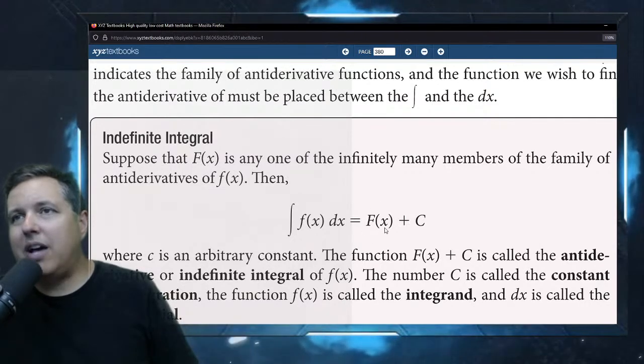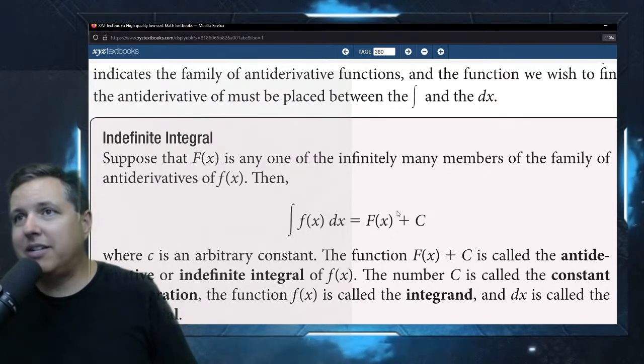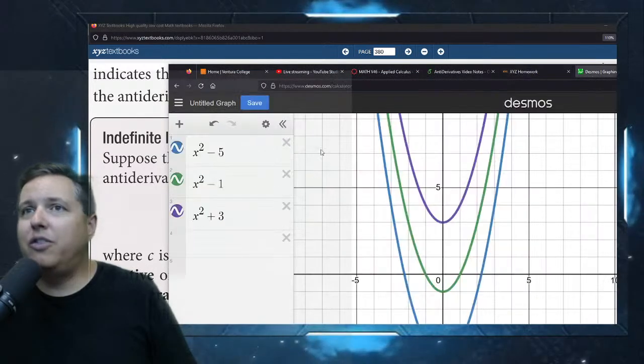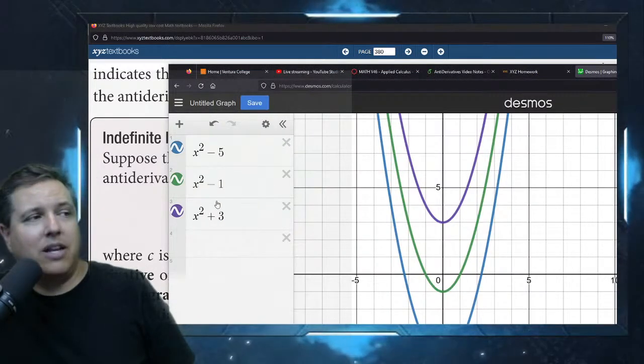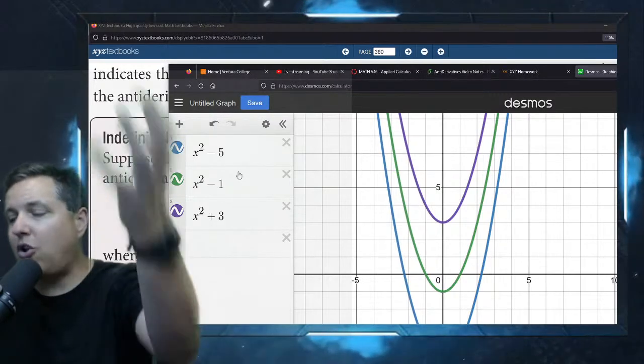You've got some function here, this is our capital F of x. If you were to take its derivative, it gives you lowercase f of x. That's how you think about it. And see the plus c out here? That's like where we had all these functions, and instead of writing -5 and -1 and +3, we just write plus c because it captures all of them.